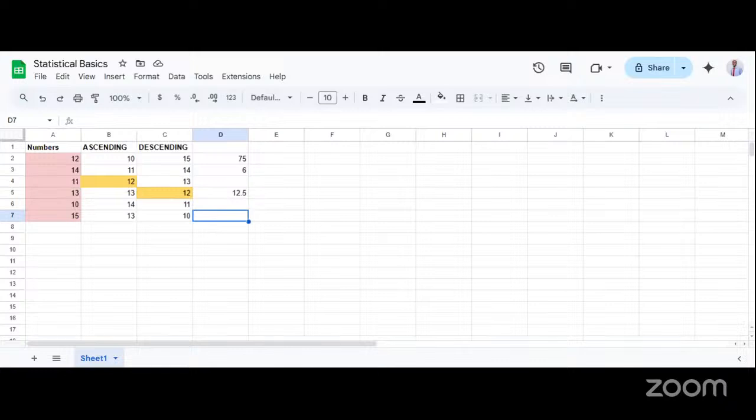If it's 5 values, 2 will be on the left side, 3 will appear at the middle, then 4 and 5 will be on the right side. So 3 is perfectly at the middle. But what if it was 1, 2, 3, 4, 5, 6? Then 3 and 4 appear at the middle, so it's two values at the middle.